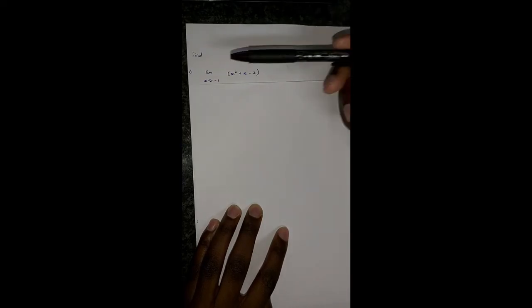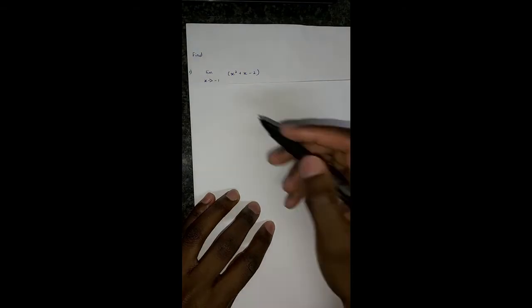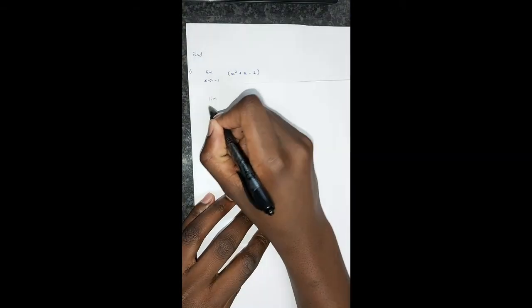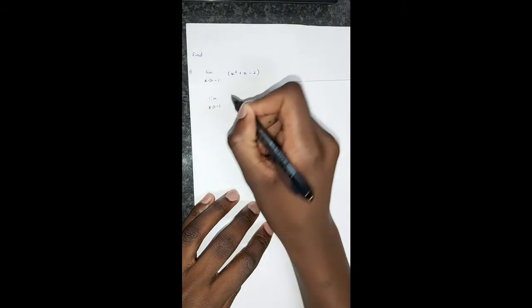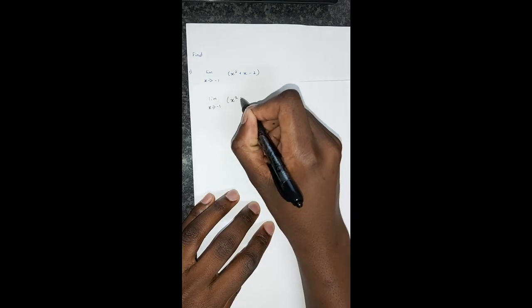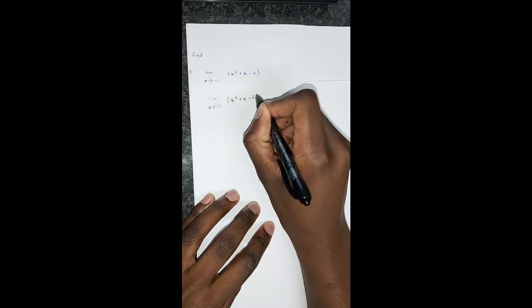Okay, up next we're going to be looking at the practice questions for section 2.2. The first one is find the limit as x goes to negative 1 of x squared plus x minus 2. The first thing we're supposed to do is check by direct substitution. So we have the limit as x approaches negative 1 of x squared plus x minus 2.